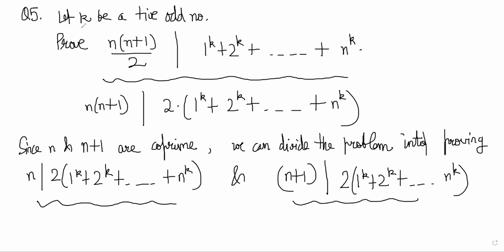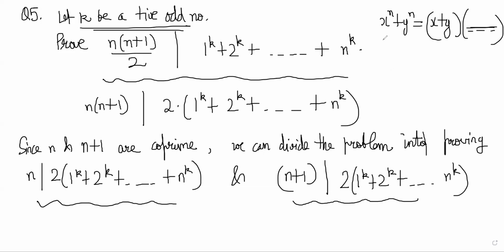Now, because k is a positive odd number, right? We will use the identity that we had established earlier. x power n plus y power n is equal to x plus y into some stuff, integers, right? This is true for positive odd numbers. So now we can say that this is an odd number. So basically we can write this as, okay, I'll do it on the next screen.